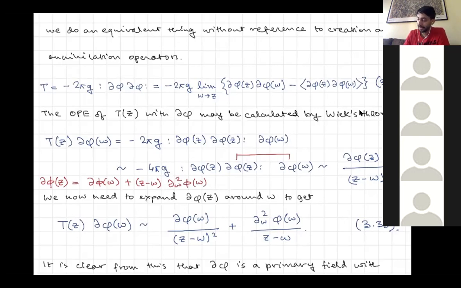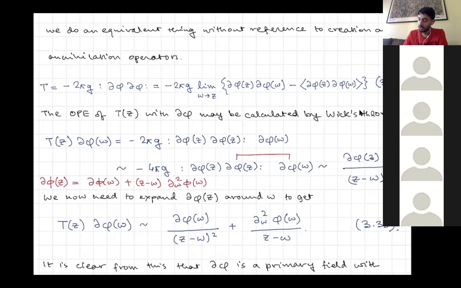If you put this back in, the OPE of T with del phi is of a form like this. Notice that it has a del phi piece and also a del squared phi piece.